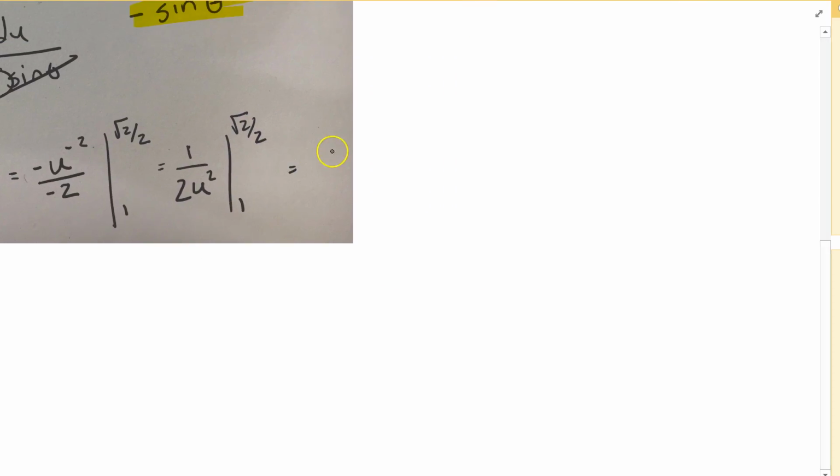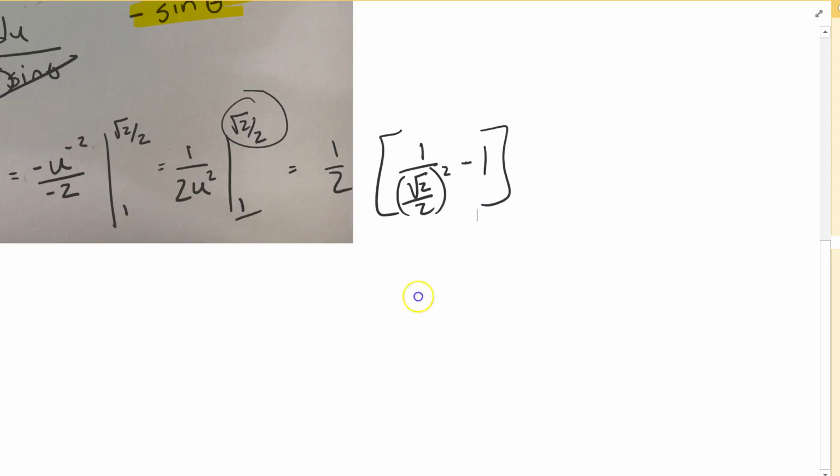So if I pull out the 1/2, I'm getting, if I plug in the upper bound, I would have 1 over square root of 2 over 2 quantity squared, minus, I plug in the lower bound of 1, I get minus 1.